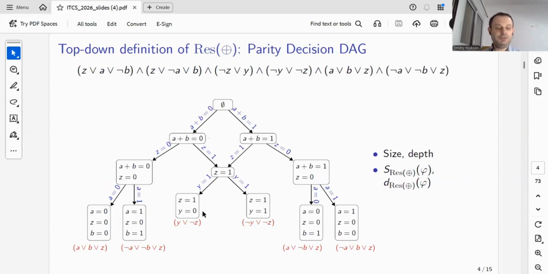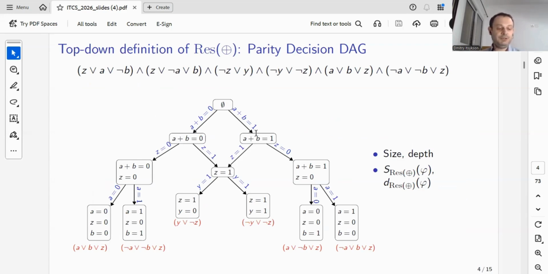The second proof system we consider is resolution of parities, and we define it via a parity decision DAG. The difference from the previous definition is that we now split on the values of F2 linear forms. And we have a linear system over F2 in nodes instead of assignments.